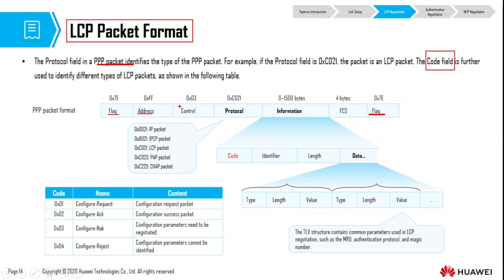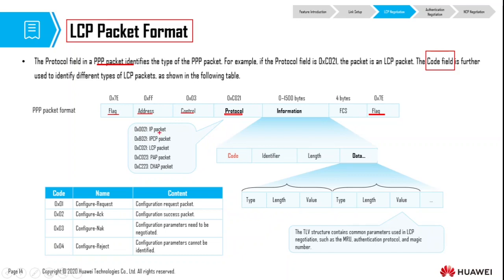Then we have the control field. The control field, on the other hand, is used to indicate that the frame is an ordered frame. So when you get time, read more about that. Then you have the protocol field. The protocol field is used to identify the type of protocol packets that have been encapsulated using this particular PPP.